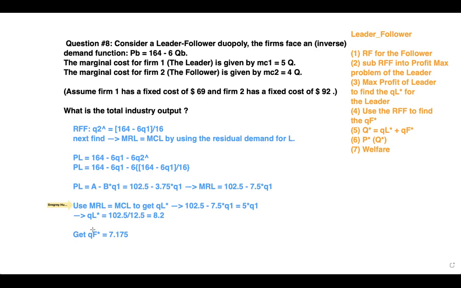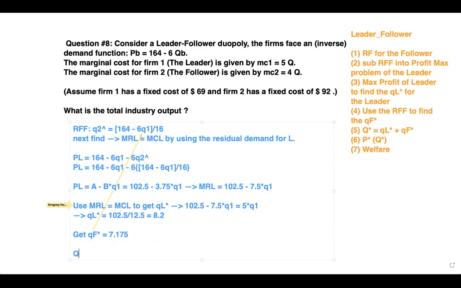Yeah, well, this last one is we just substituted into the reaction function for firm 2. Okay. So you can verify that calculation and make sure that you're comfortable with it. But anyway, that's what you guys did, right? Miles and Tommy. Yes. Yeah, okay.